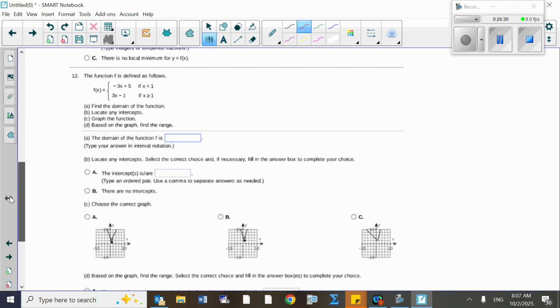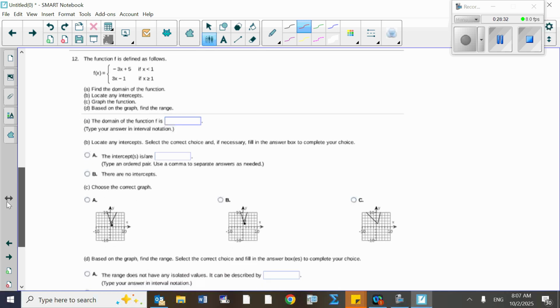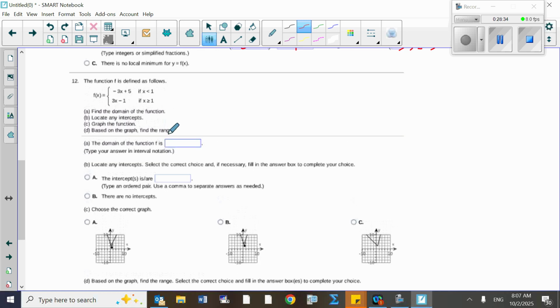Okay, next question. So we want to find the domain and range of this function. I'm going to start with graphing the function for you. So we have two parts. For x less than 1, the equation will be -3x plus 5. What x values do I choose here?